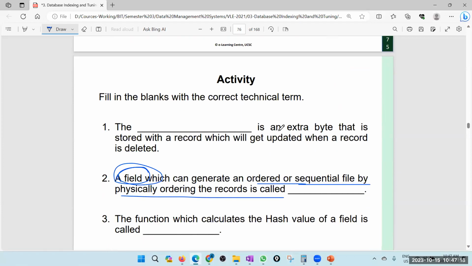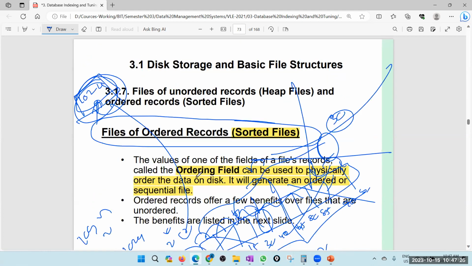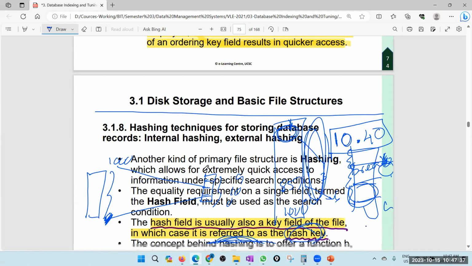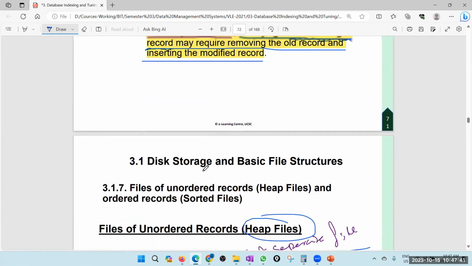How do you call that? Maybe the key field, or maybe the sorted field. I don't know the exact word they use. Yeah, maybe ordering field. Right. So we order based on that field. So that is called the ordering field. Okay. So that is the field we use to order the data. Right. Ordering field.